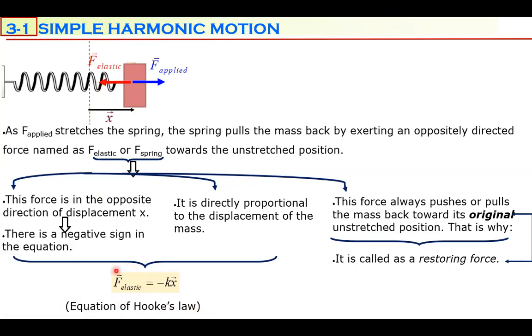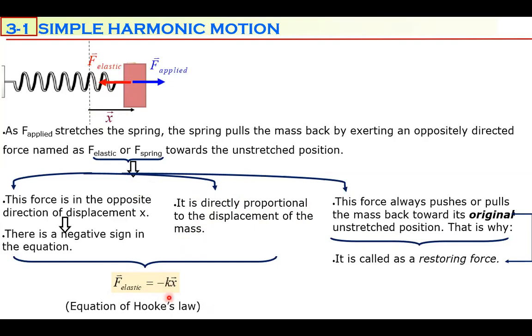Hooke's law says that if a spring is stretched somehow, the spring will pull the object back to the unstretched position. This force is directly proportional to displacement. Yes, as x increases, this force also increases in magnitude. They are directly proportional in magnitude; I mean their directions are opposite, but it doesn't mean that they are not directly proportional.